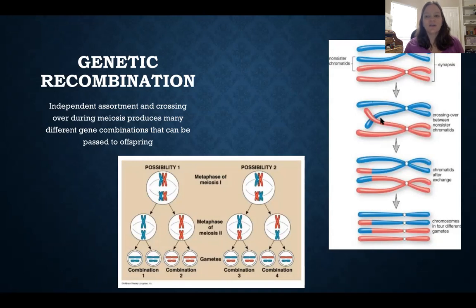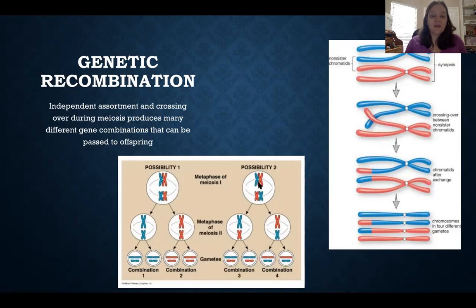In crossing over, homologous chromosomes, one set from dad and one set from mom, can swap pieces of DNA. So you could have individuals with a little bit of your maternal grandmother and some of your paternal grandfather, and you get all sorts of possible combinations of alleles.